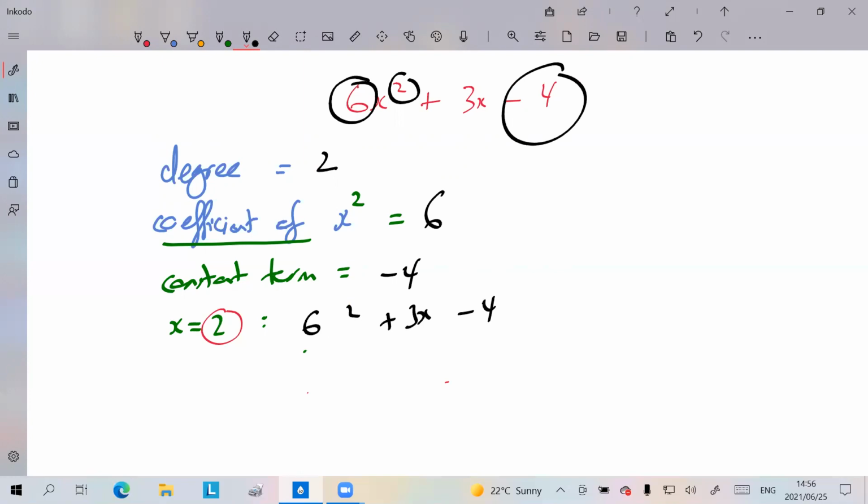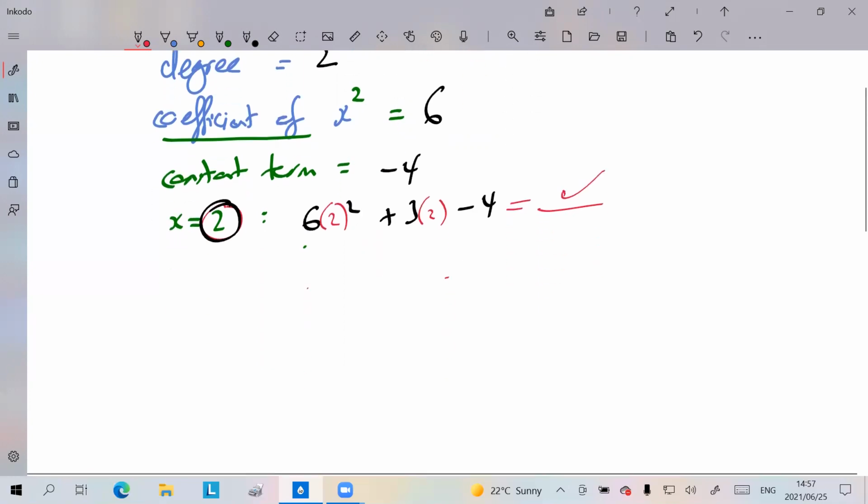You remove the x, and in its place, put the 2. So 2 squared, 2, and you put this in the calculator, and you'll get your answer. That's very simple. The calculator will give you the answer. I don't want to waste time doing that. Whatever answer you get, that's your answer. That's what I mean by substitution.